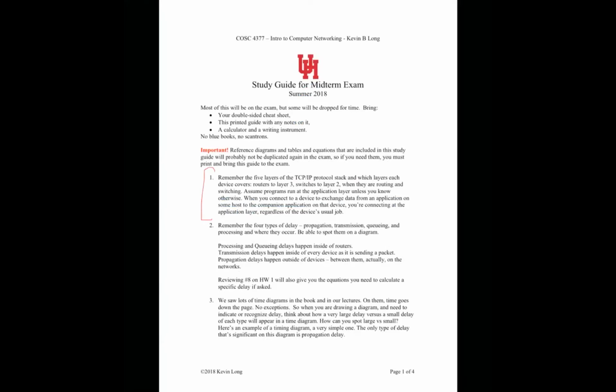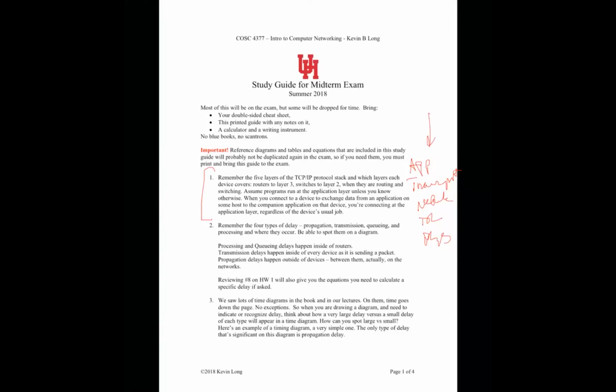Remember the 5 layers of the protocol stack, right? Application, transport, this is where UDP and TCP live. You've got network, data link, and physical. And I have a really handy table that I could not find before I printed this out a minute ago that lists this.